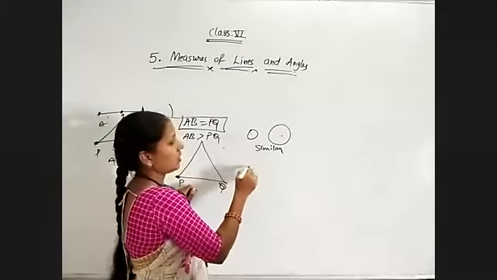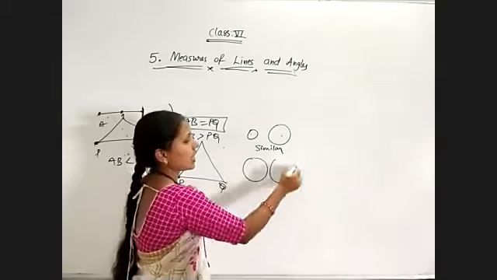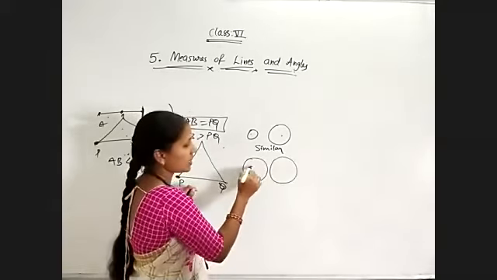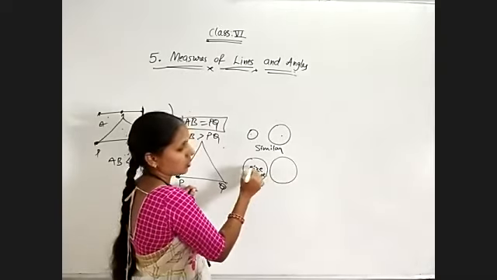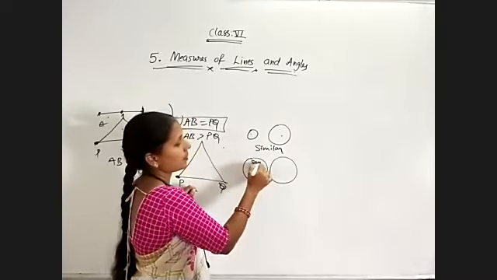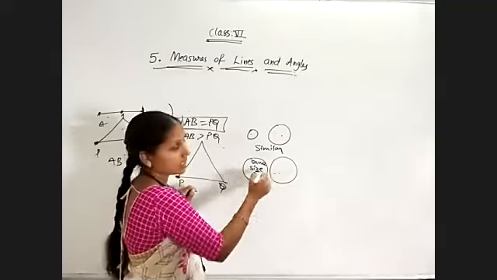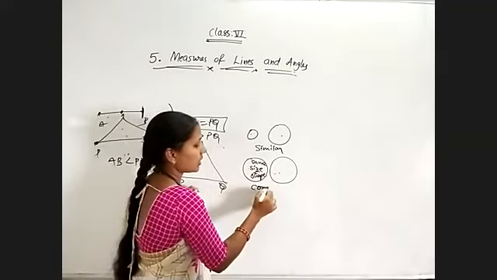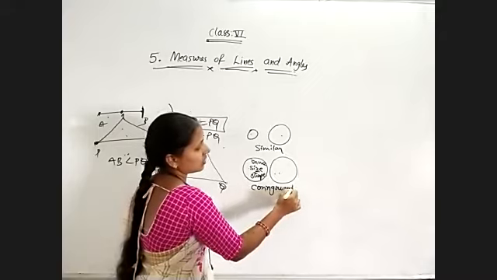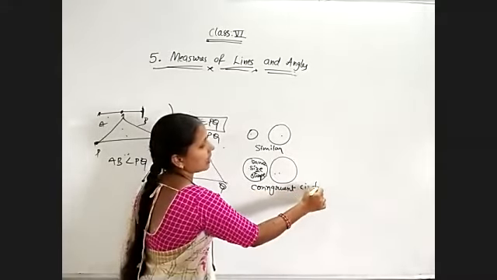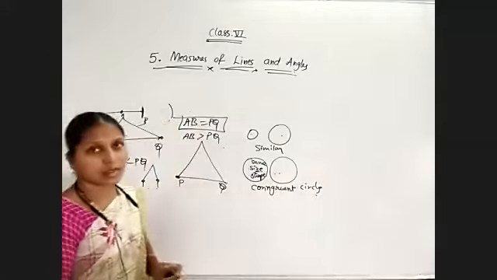If two objects have the same size and same shape, so size and shape both are the same, like these two circles, these are termed as congruent circles. Understand?